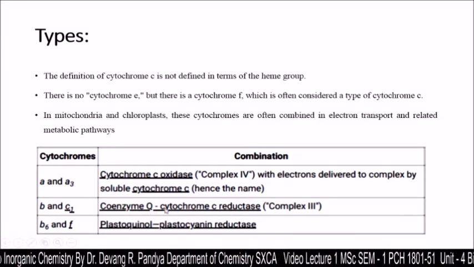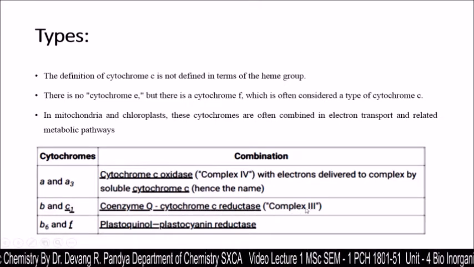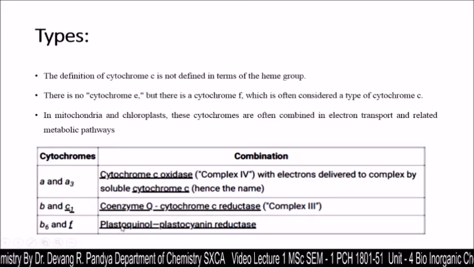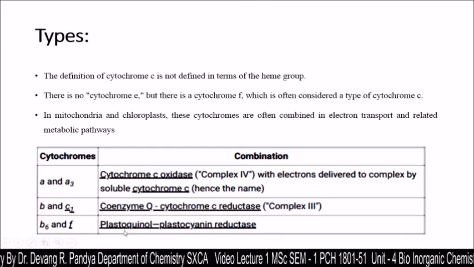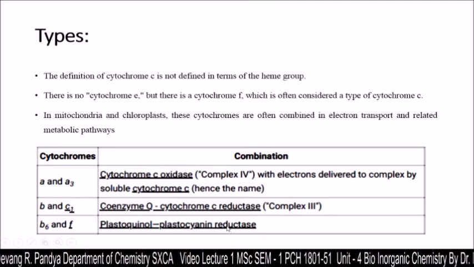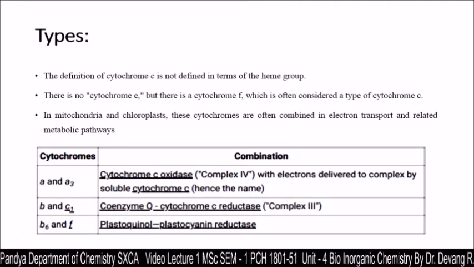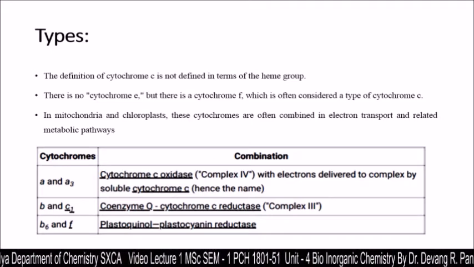Cytochrome Q, cytochrome C reductase, that is complex 3, and plastoquinol, that is plastocyanin reductase. This way the cytochrome combines and they have different nomenclature, different type.